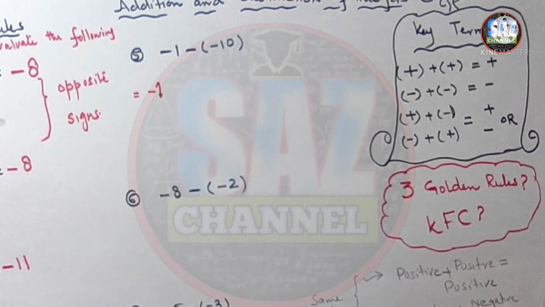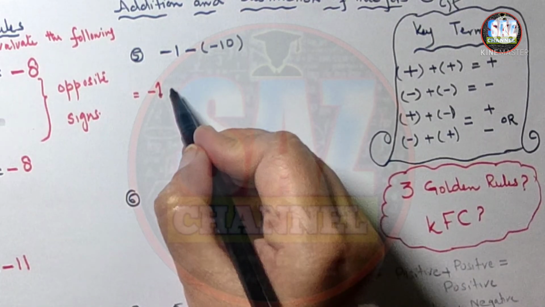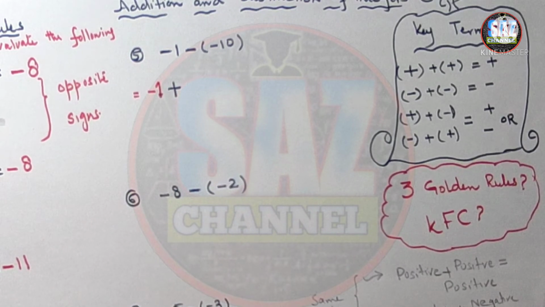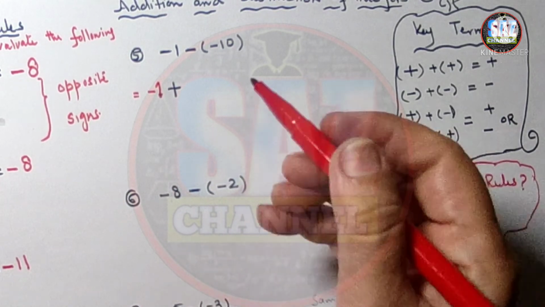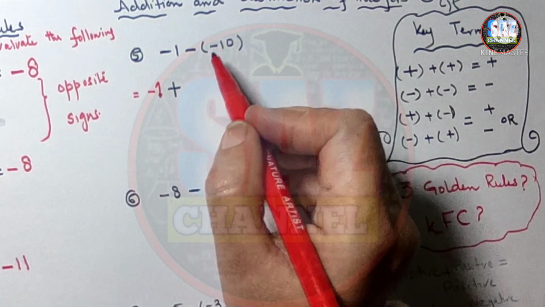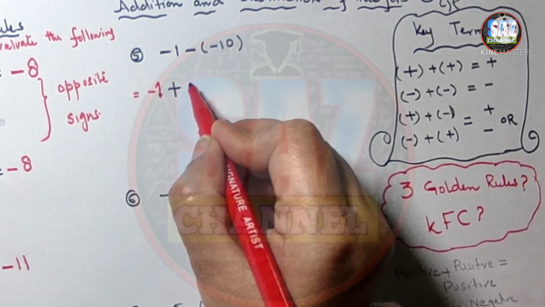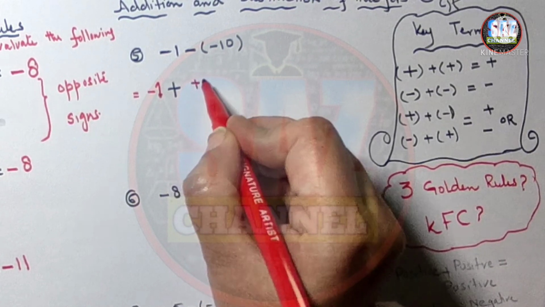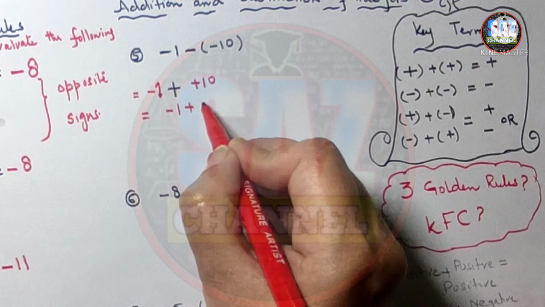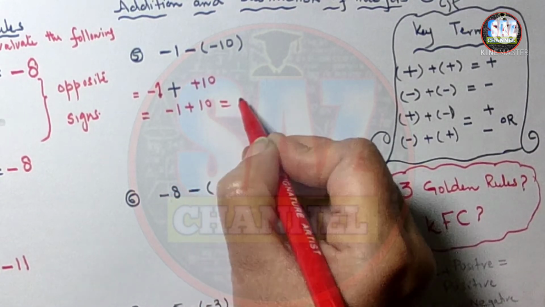Then F is flip, which means I have to make the sign positive. Then change the sign of the next term, and this will become minus, and when I change the sign, it will become positive 10. Or we can say minus 1 plus 10 equals 9.